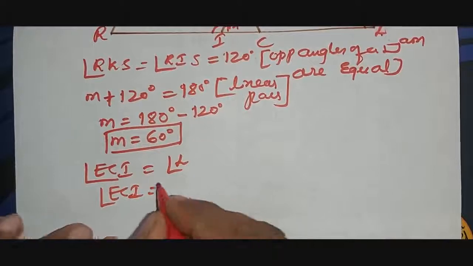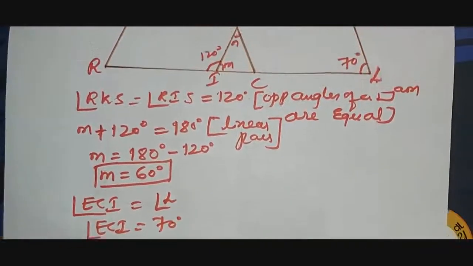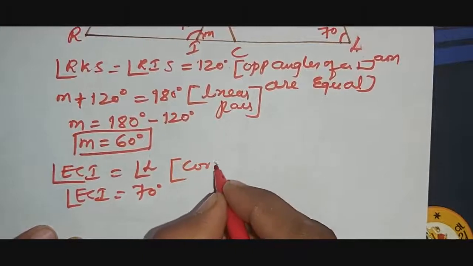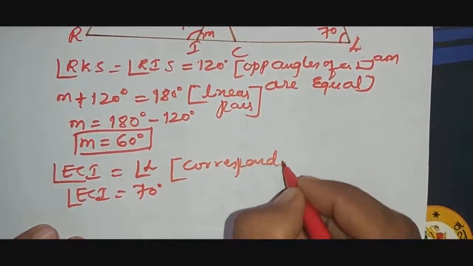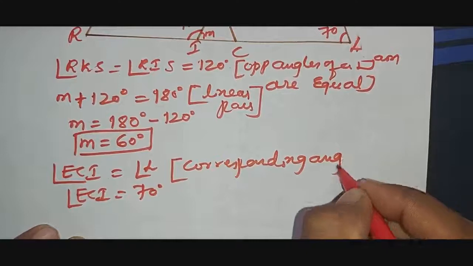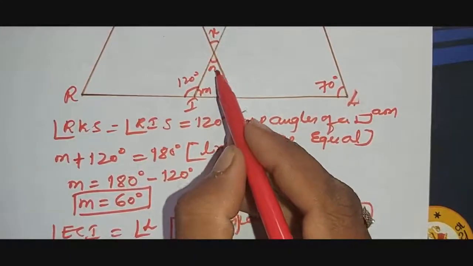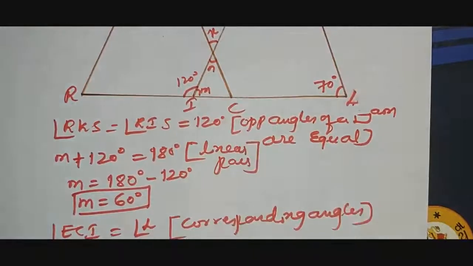Angle ECI is equal to 70 degrees because of corresponding angles. Now in the triangle we can take N plus M plus 70.